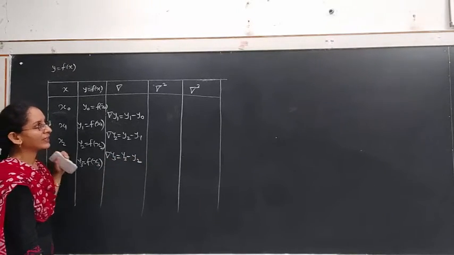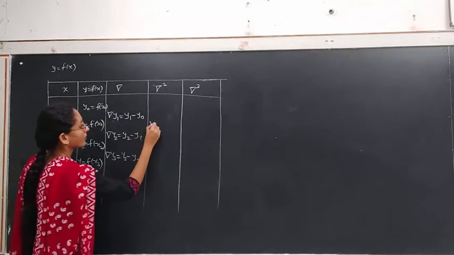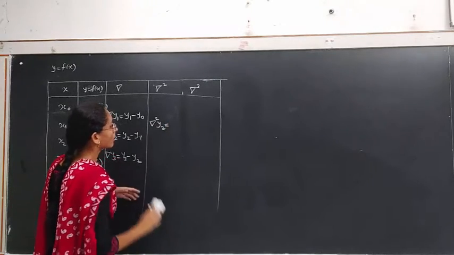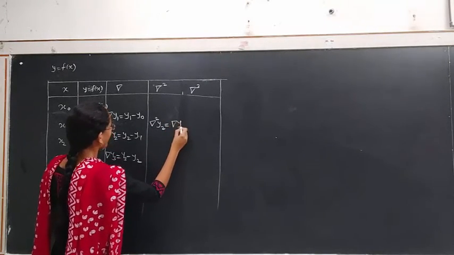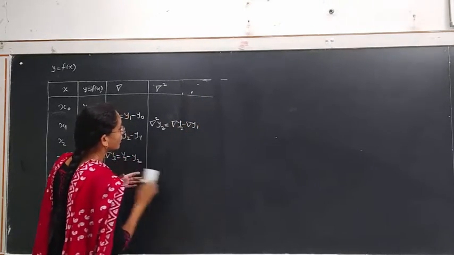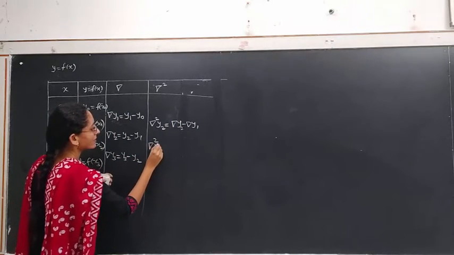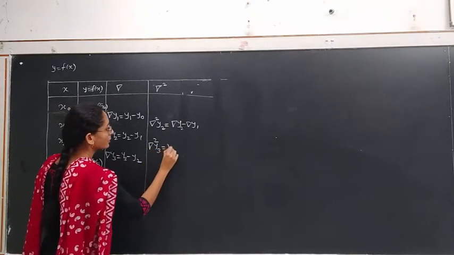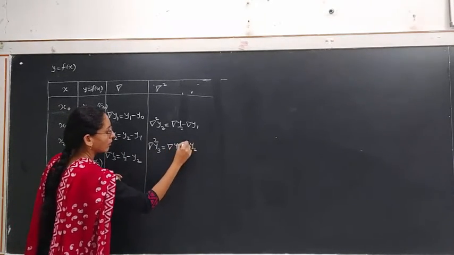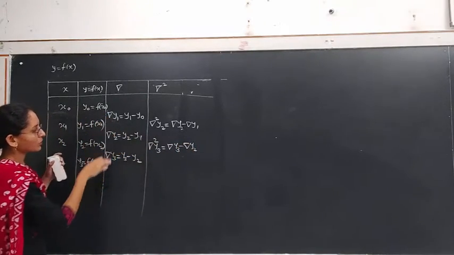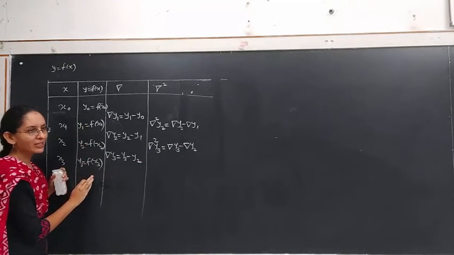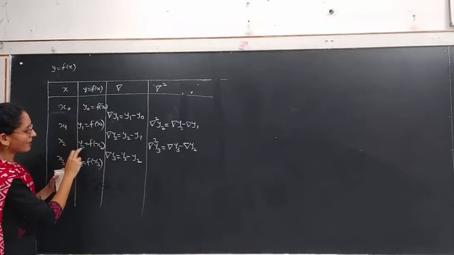In the next column, we will get second order backward differences. Del square y2 is equal to del y2 minus del y1. Next, del square y3 is equal to del y3 minus del y2. We calculate the values of first order backward differences by using values in the previous column, values of y0, y1, y2 up to y3.